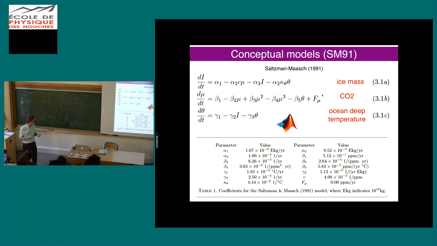And now we're looking at this as an example of a nice dynamical system. F mu is just a forcing of CO2. It can be biogenic or can be due to weathering.